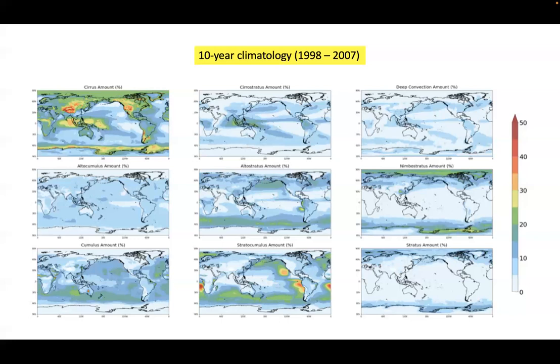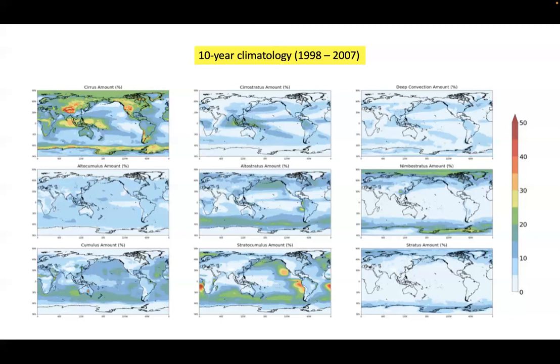Other remaining questions on these two cloud types we've discussed? They are the most important types for climate studies. The deep convection clouds absorb radiation, so they both interfere with radiation.